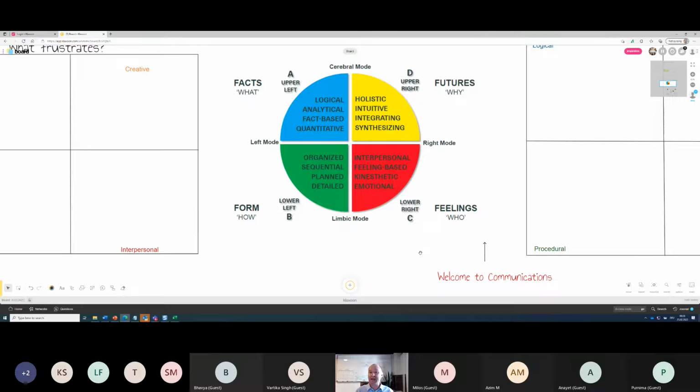Are you more creative? That's the yellow quadrant of the diagram there. You like to think big picture, you like being creative, lots of imaginative ideas, and that's your preference in terms of way of working and communicating. Are you more interpersonal? That's the red quadrant.